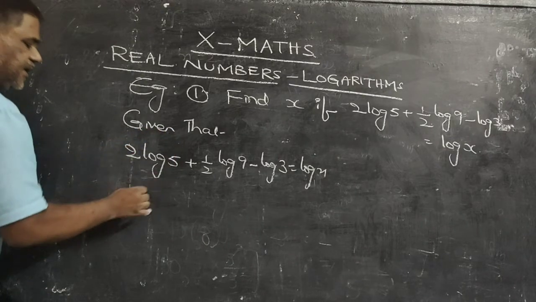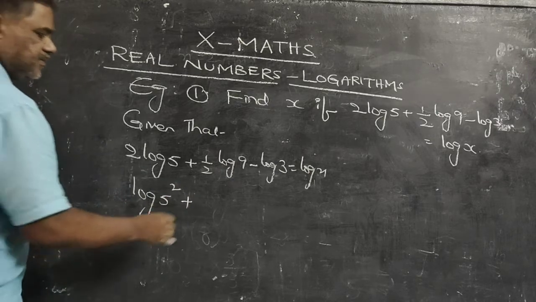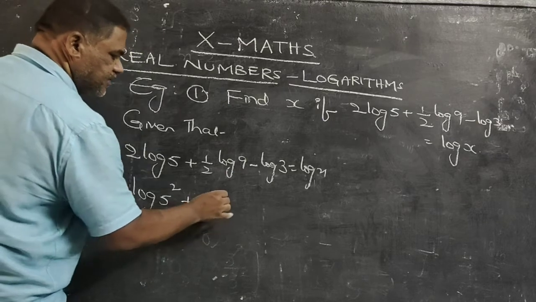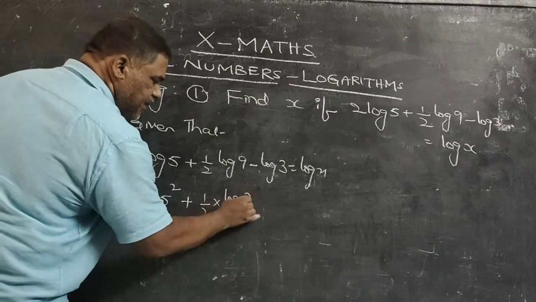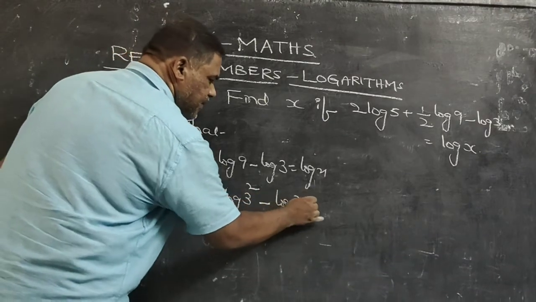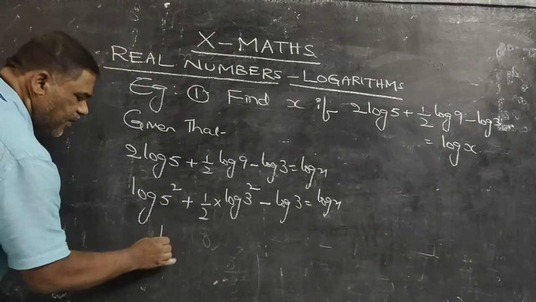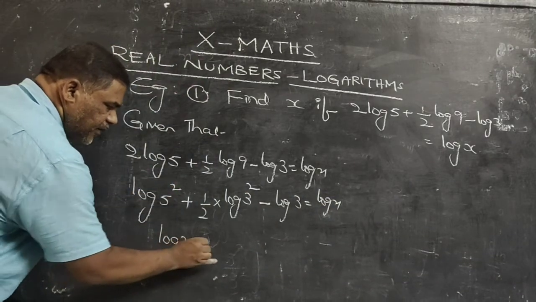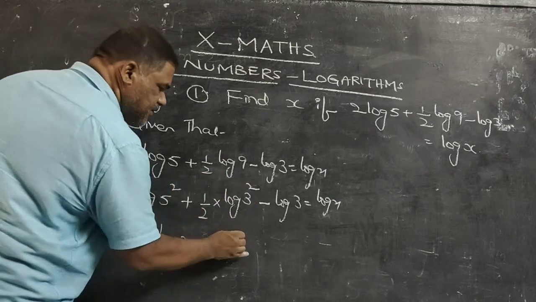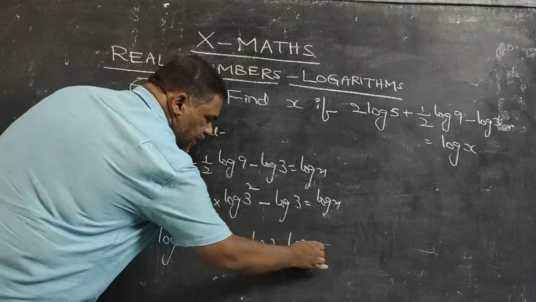This 2 comes here, it will become log 5 square, plus log 9 can be written as 3 square, minus log 3 is equal to log x. Log 5 square is 25, so it is log 25. Log a to the power m is, this m comes here, 2 into log 3 minus log 3 is log x.